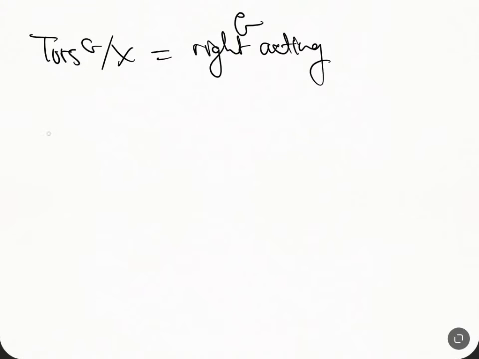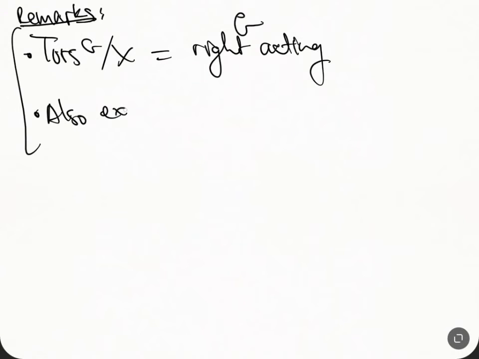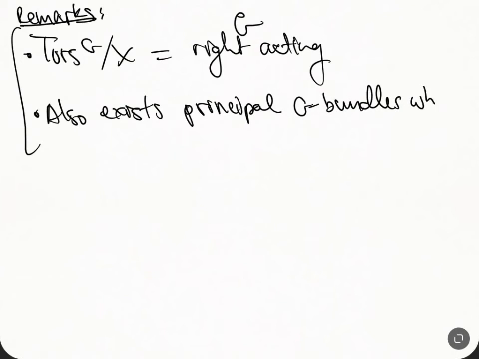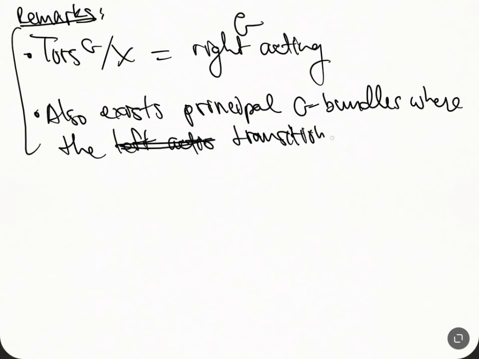This is kind of some remarks: there also exist principal G bundles where the transition maps are given by left actions.